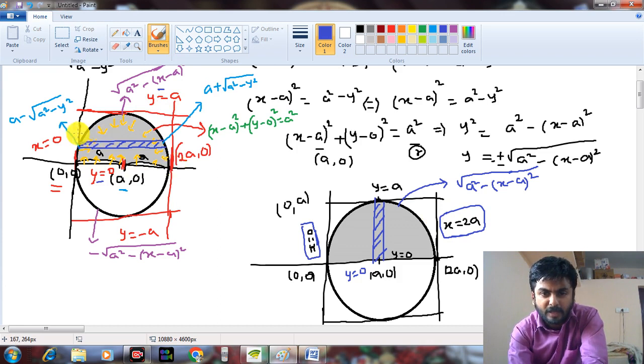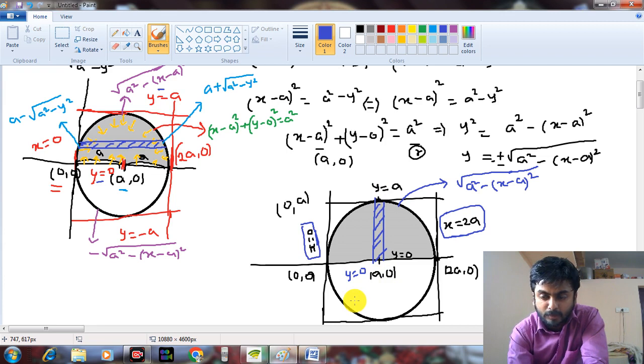Here we are taking x equal to a minus root of a square minus y square, and x equal to a plus root of a square minus y square as the lower and upper limits respectively, whereas here the x limits are constants because x becomes the external limit. And here y becomes the integral operator, so we are taking these variables as the limits of y.